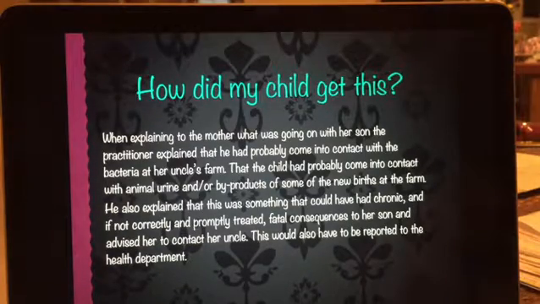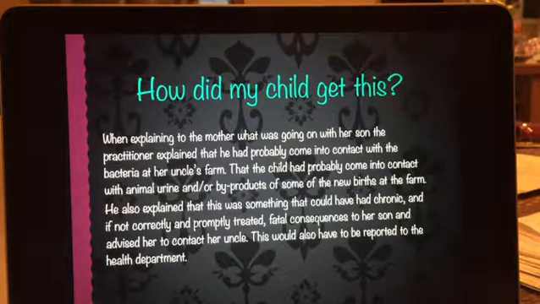So the mother, of course, needs to understand this. So how did my child get this? When explaining to the mother what was going on with her son, the practitioner explained that he had probably come into contact with the bacteria at the farm, with either animal urine or some of the byproducts of the births that had happened at the farm.